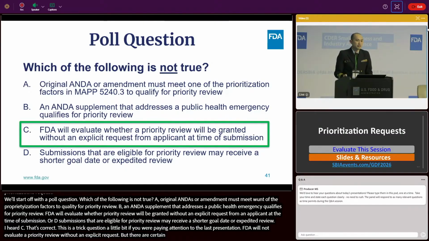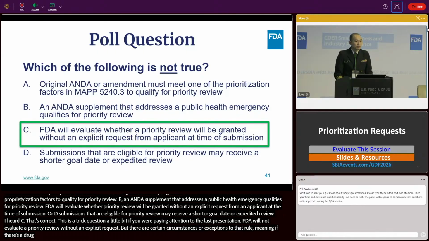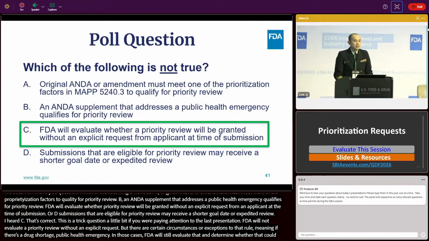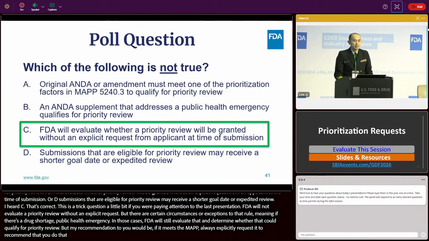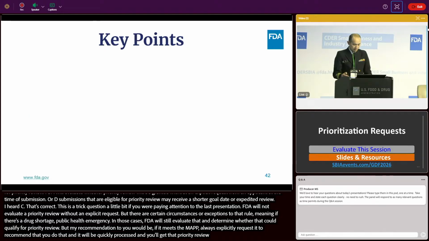So meaning if there's a drug shortage or a public health emergency, in those cases, FDA will still evaluate that and determine whether that could qualify for priority review. But my recommendation to you would be, if it meets the MAPP, always explicitly request it. It's recommended that you do that, and it'll be quickly processed, and you'll get that priority review acknowledged sooner.